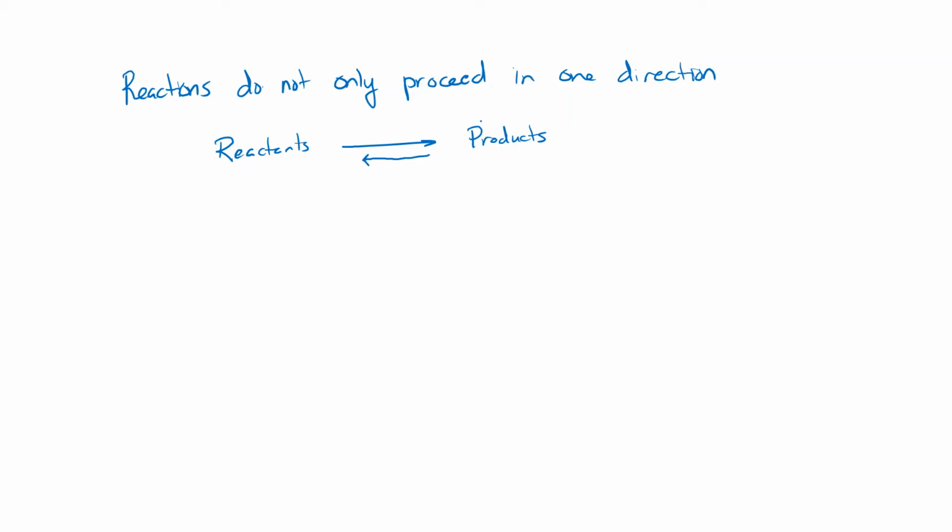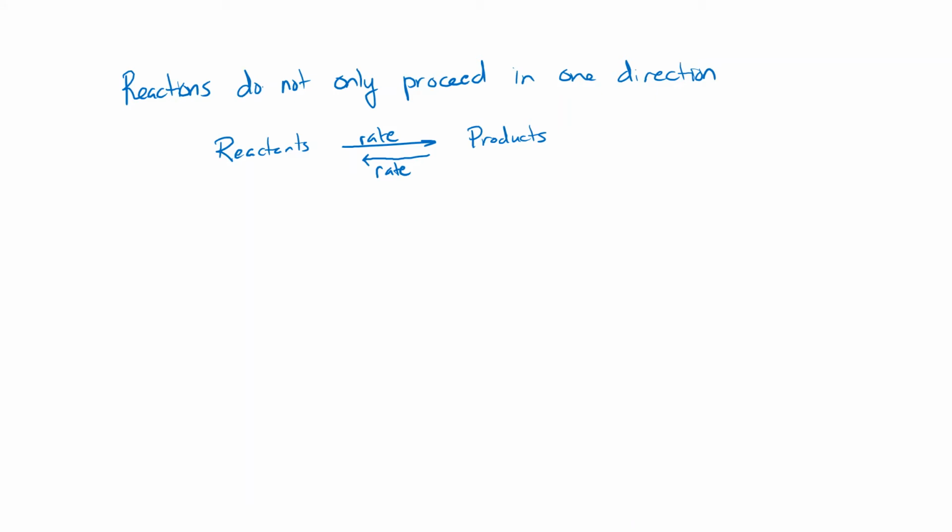Now, if we have a rate of our reaction going this direction, it stands to reason that we'd have another rate of the opposite reaction. So we have a rate of reaction for reactants going to products, and a rate of reaction for products going to reactants. Because the rates change with concentration, as time goes on, our concentration of reactants decreases and our rate slows down.